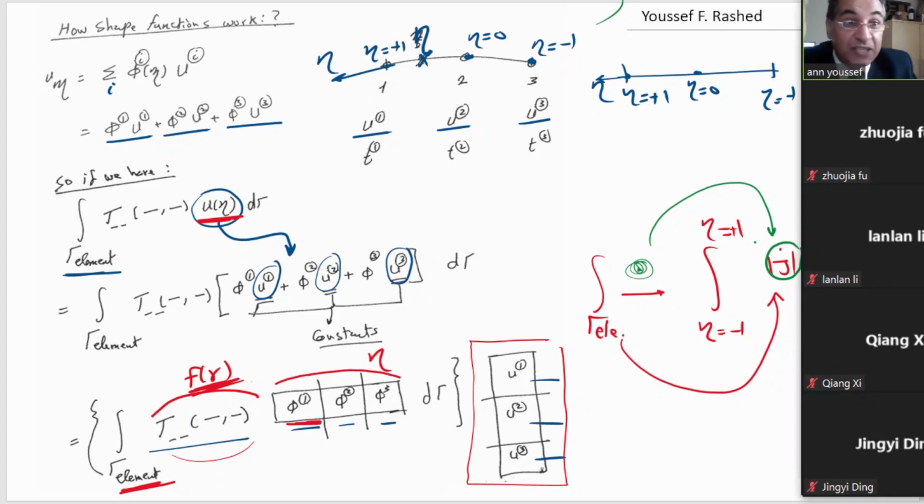This is the idea of the nonlinear coordinate transformation to compute logarithmic integrals. And some people did it for 1/r integrals. Okay, this is what we call the Telles transform. And I will show there is one Chinese guy who did it before Telles actually, and I will show you the paper when we come to it.